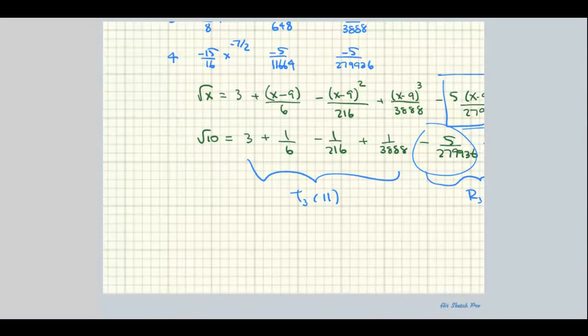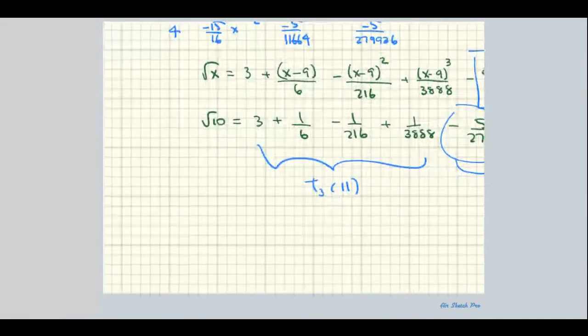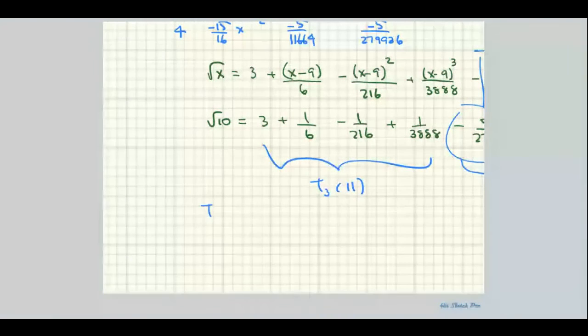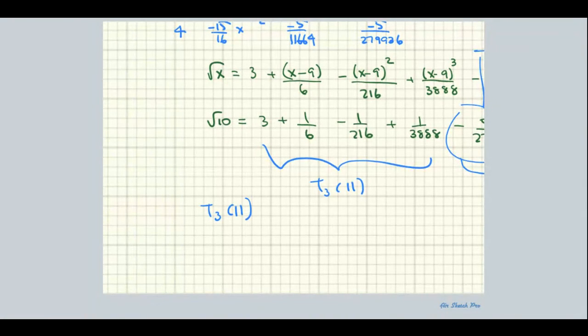So let's go ahead and do the thing right now, and calculate T3 at 11. Then we're just going to plug this in right there and find out what T3 at 11 was. 3, and I'm just going to work with a decimal approximation. 3 plus 1/6 minus 1 over 216 plus 1 over 3888.